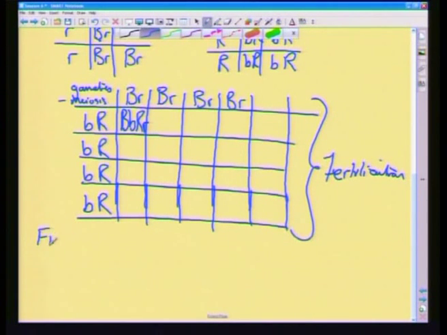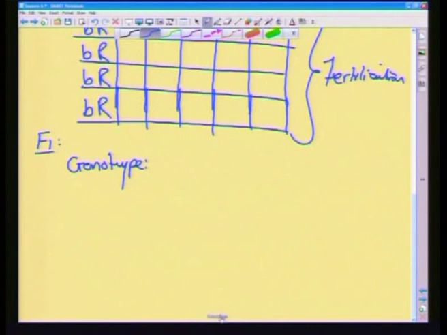These are, remember, our P1. So F1, what do we have? In the genotype, in other words, what is in the genes? We are going to have, remember, they're all going to be capital B, small b, capital R, small r, all of them. So for the genotype, 16 out of 16 will be capital B, small b, capital R, small r.